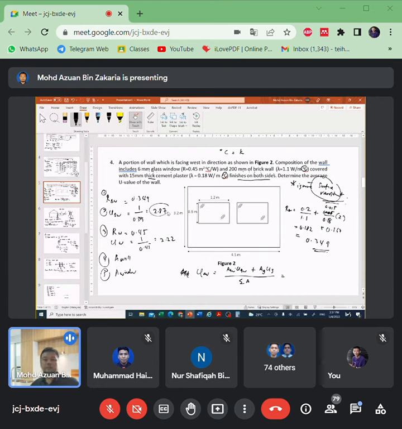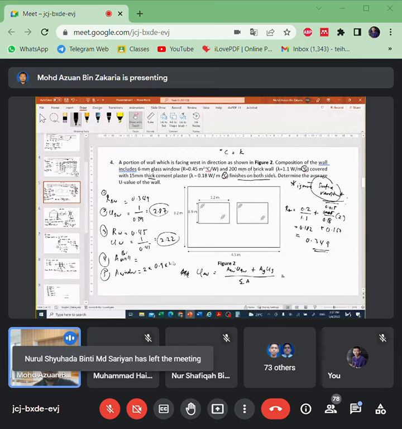So we already get U value of brick and U value of glass. So okay, calculate for me the area of brick and area of window. 2 times 0.9 times 1.2.